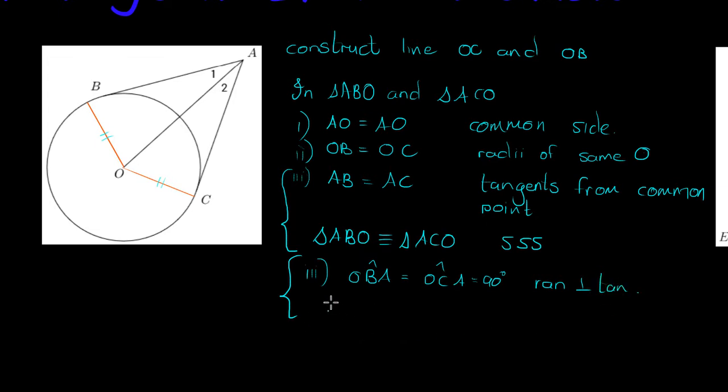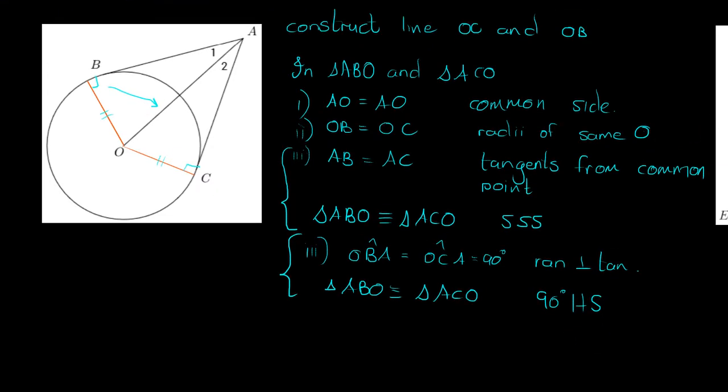Okay, and then I could have said triangle ABO is congruent to triangle ACO, and the reason this time is that I've got a 90 degree angle, a hypotenuse that's common, and another side length. It's not AB that I used. And so those are the two ways you could have proven the congruence of those triangles.